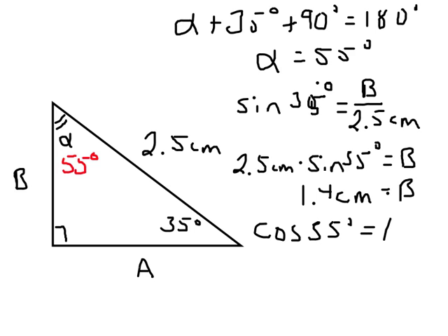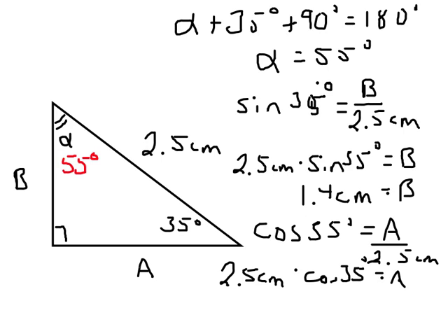This is going to be equal to the length of side A, the adjacent side, divided by that hypotenuse, 2.5 centimeters. I'm going to multiply again both sides by 2.5 centimeters. That's going to equal the length of side A. Put it in my calculator, and I find that side A is equal to 2.0 centimeters.